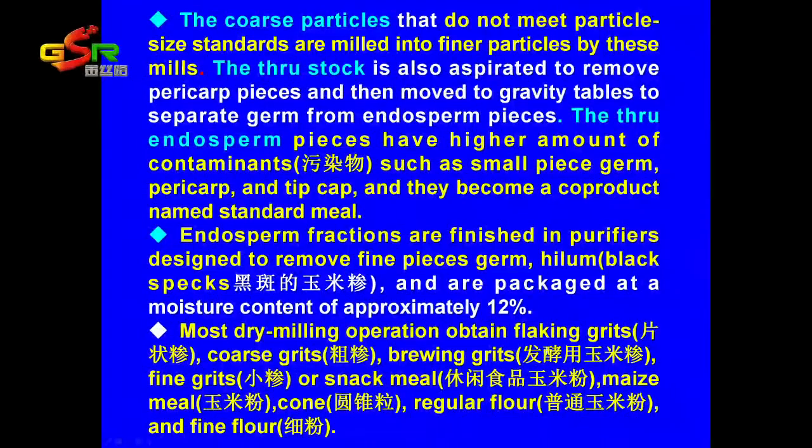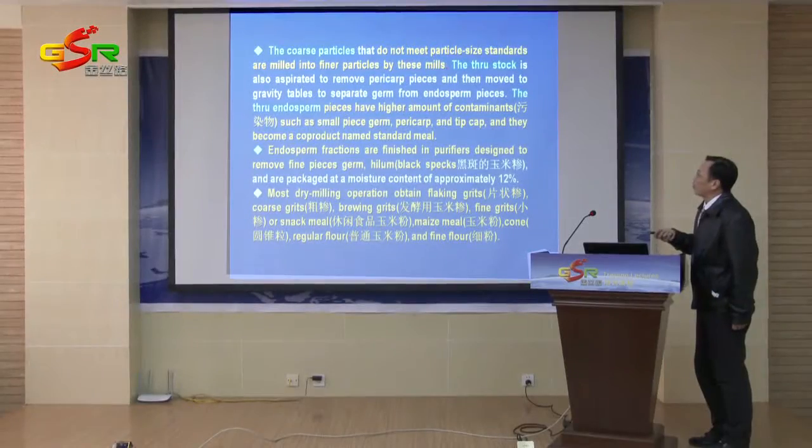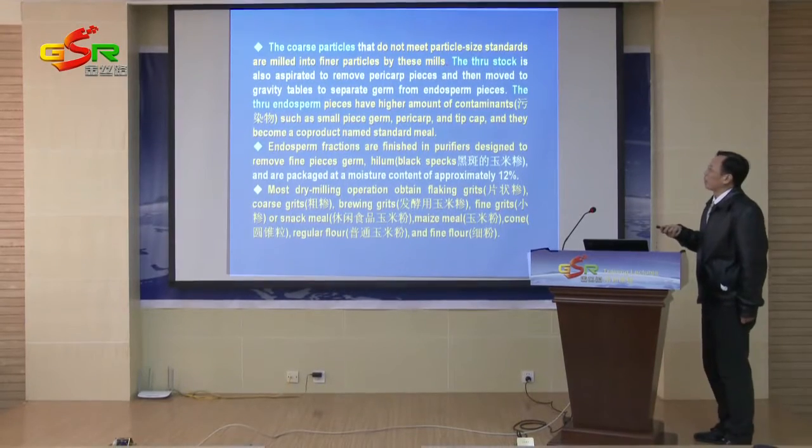And the tail stock typically has bigger particles and doesn't meet the particle size standard for the market need. So we also use the mill to get a smaller size to get the final product.